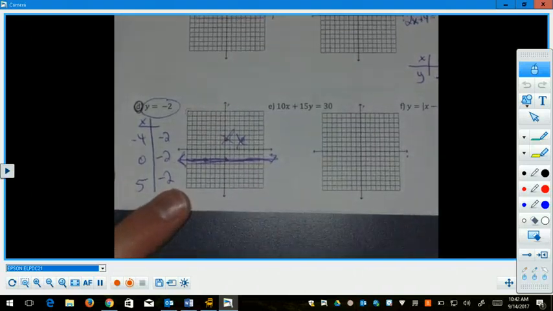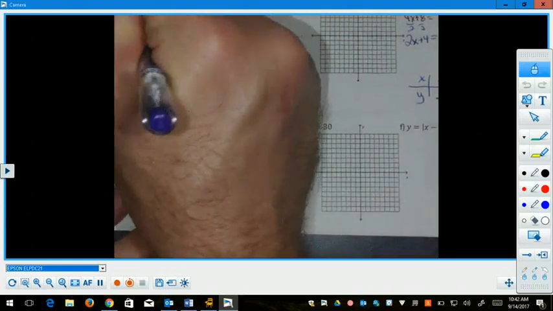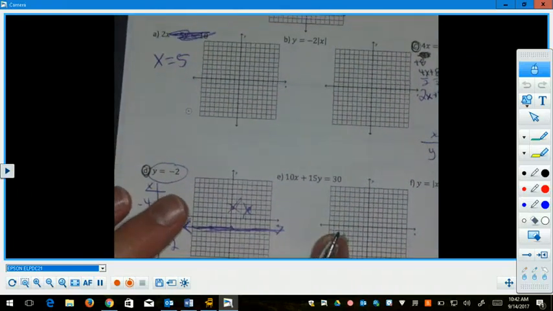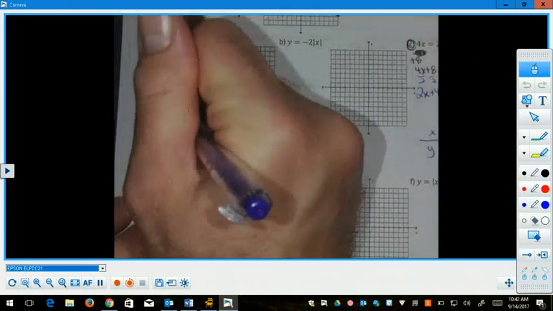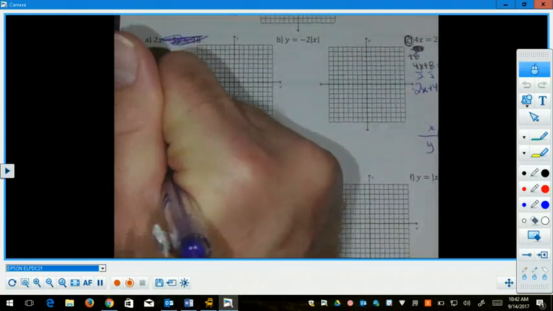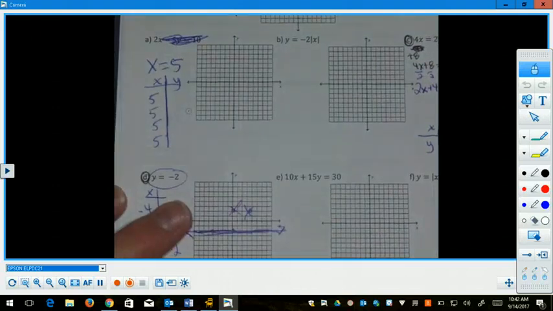The equation above, letter A, I'd like you to change to x equals 5. What does that mean? It is a vertical line, and it means that x is always 5. For every single point, when we have a relationship between x and y, the x is always 5.